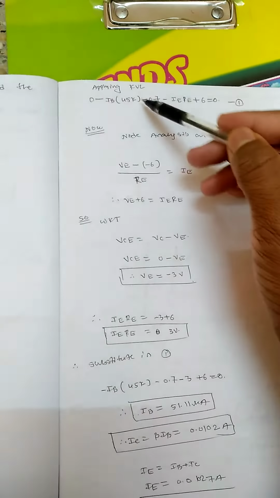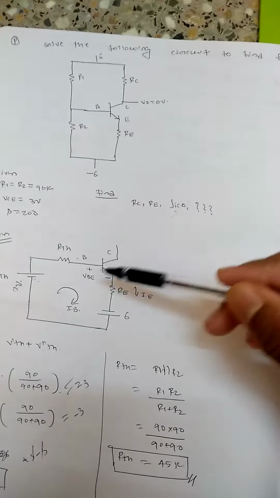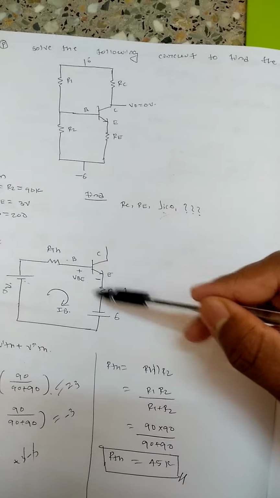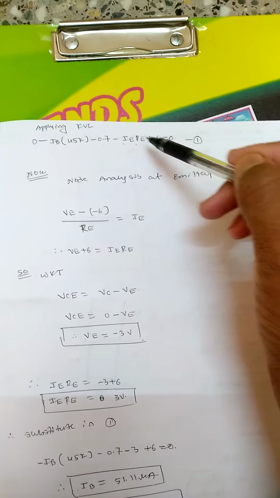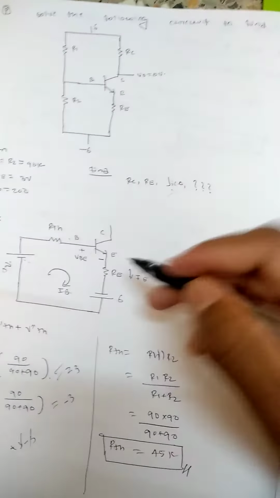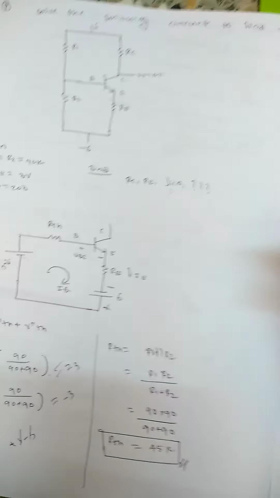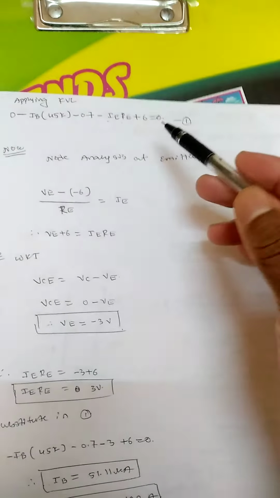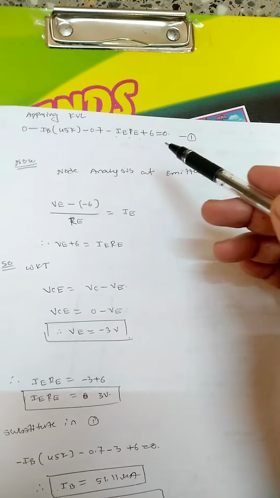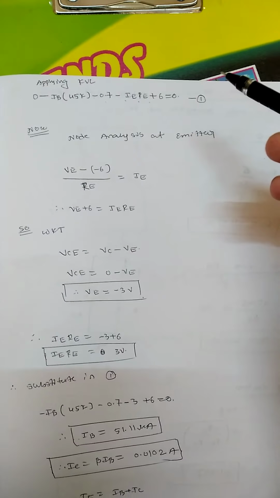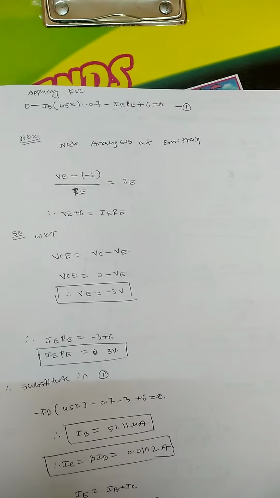So minus VB, that value is here, VB is 0.7, minus IE into RE, so minus IE into RE plus 6. This is the last voltage, this is minus and this is plus, so this is plus 6. Okay, which will be equal to 0. So this is the equation I will be getting when I apply KVL to the base loop.